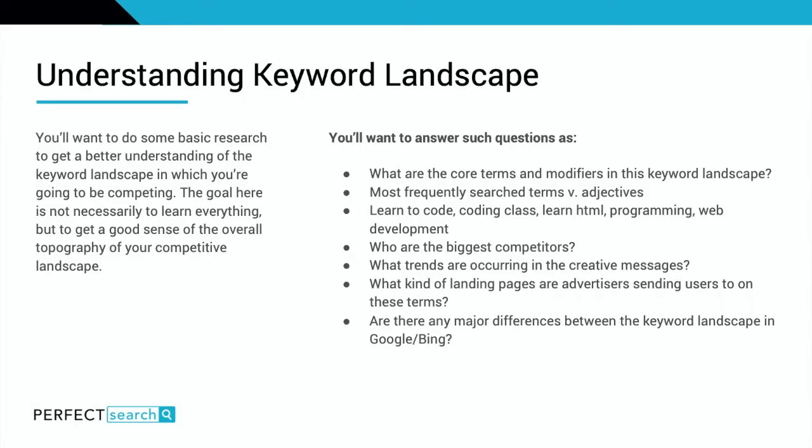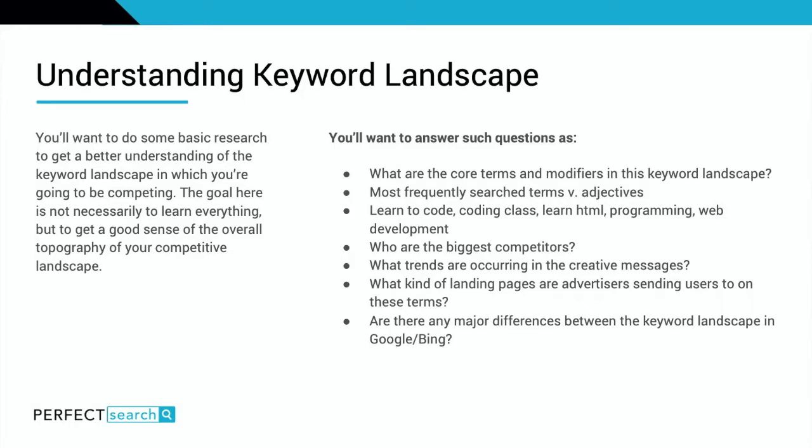And the goal is not necessarily to learn everything, but just to get a good sense of what the competitive landscape looks like, and potentially what sort of keywords we should be going after. So within this, you'll want to ask yourself certain questions, like what are the core terms and modifiers in this keyword landscape?